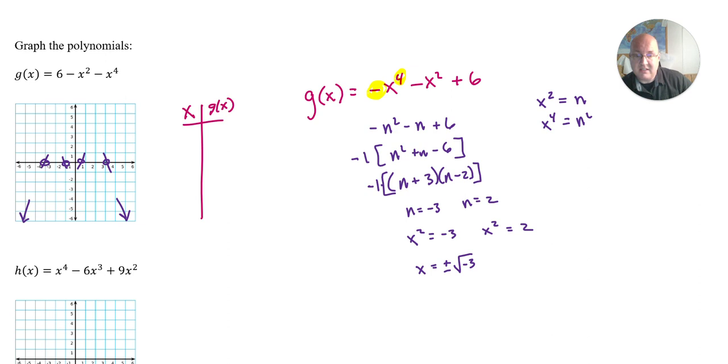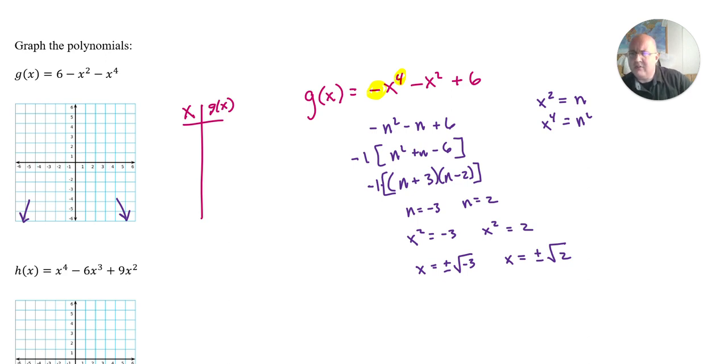Okay, so then x squared equals 2 means x equals plus or minus the square root of 2. Well, what's the square root of 2? The square root of 2 is 1.3, 1.4, something like that. Let me erase my graph here a little bit.